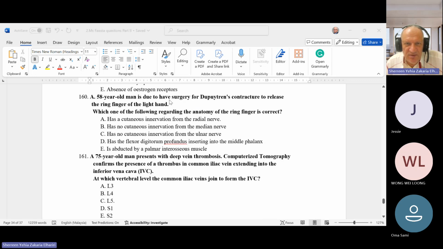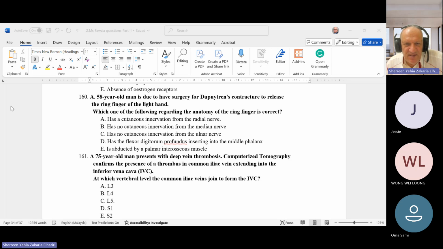A 58-year-old man is due for surgery for Dupuytren's contracture. Dupuytren's contracture is fibrosis in the hand. The surgery is to release the ring finger of a tight hand. Which of the following regarding the anatomy of the ring finger is correct? Of course, in the ring finger you can find most of the nerves shared.